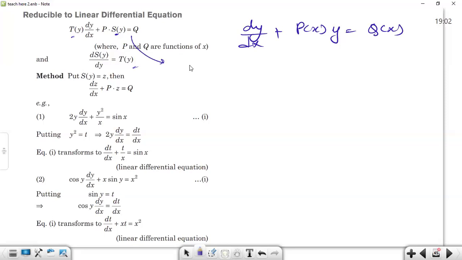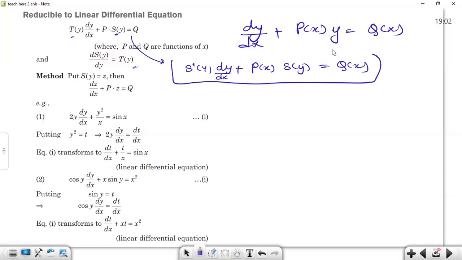So we can represent it as f dash of y into dy over dx plus P of x into f of y equals Q of x. Now this is the differential equation whose solution we need to find.